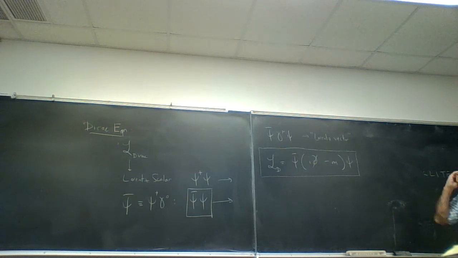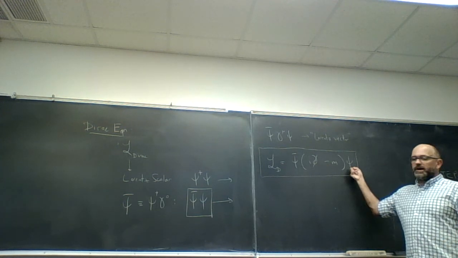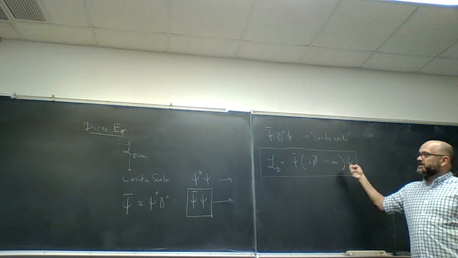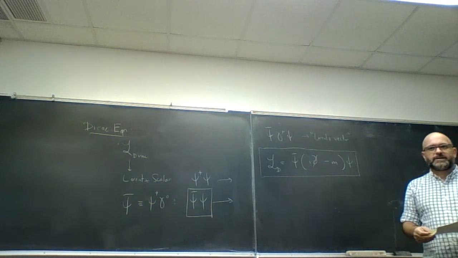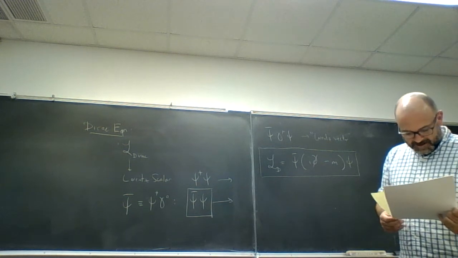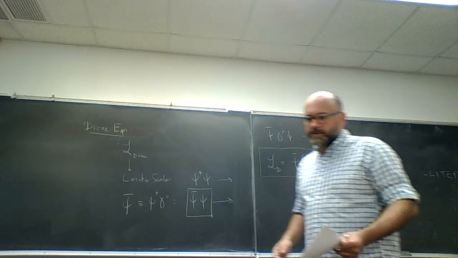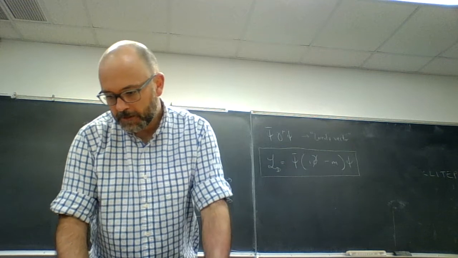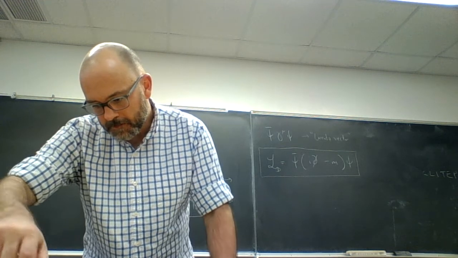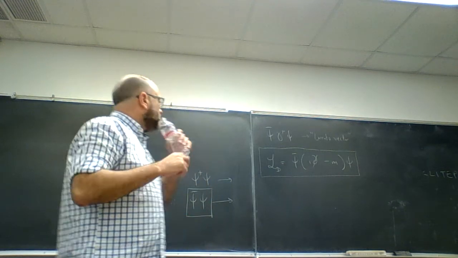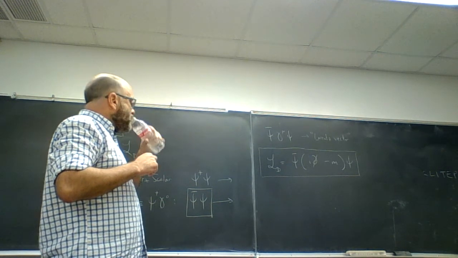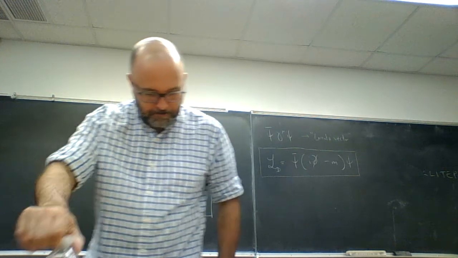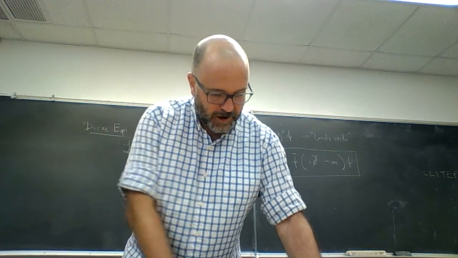And I'll leave it as homework to apply the Euler-Lagrange equation of motion to this and get the Dirac equation. It's like a 2-liner, so it's not that hard. Okay. All right, so any questions there?